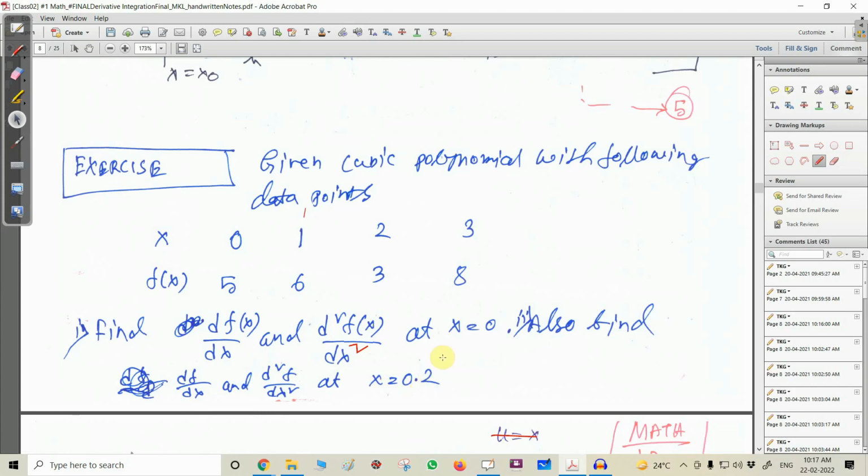From this exercise, we can easily identify that x equals 0 is given, the value of f(x) at x equals 0 is given, and here you have to find at x equals 0.2, which is not given.